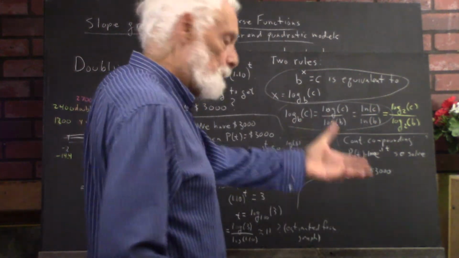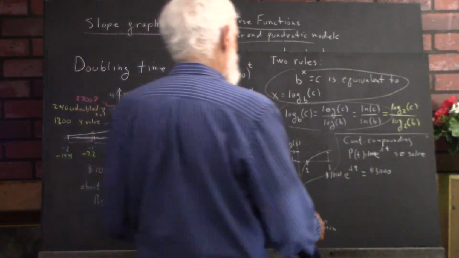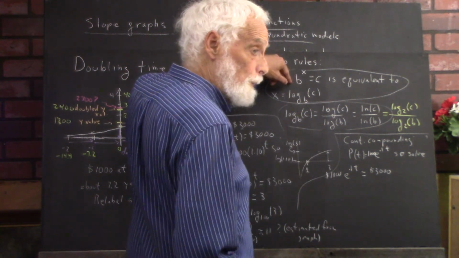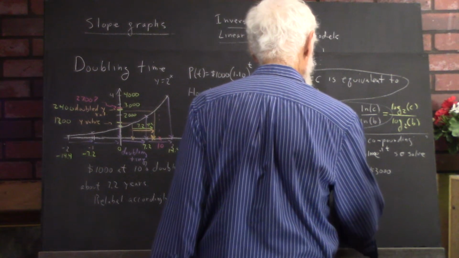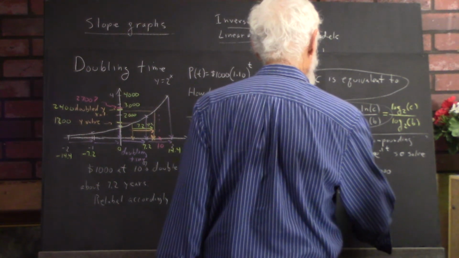Sorry, 1,000, that was dumb. I have to squeeze it in there. And we divide both sides by the $1,000 because that puts this into the form of b to the x equals c. So we get e to the 0.1 t equals 3.